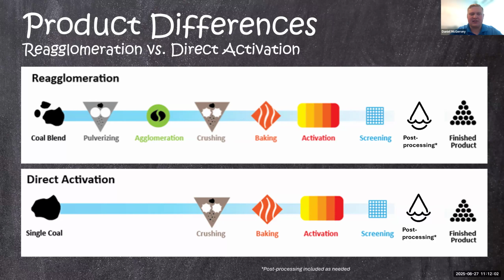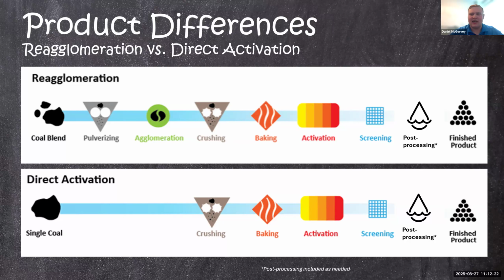But reagglomeration is a little bit different. This actually takes a coal blend. So direct activation is usually a single source of coal. This takes a coal blend from a single source, pulverizes, and essentially puts them back together to give a lot more consistent product quality before going through the rest of that activation process.